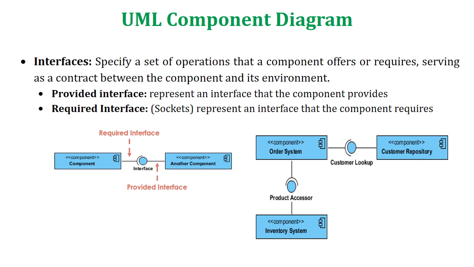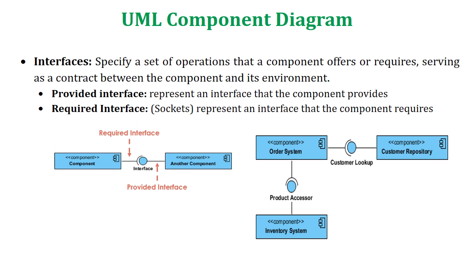Next, interface. It specifies a set of operations that the component offers or requires, serving as a contract between the component and its environment. There are two types of interface here: one is a provided interface and the next one is a required interface. A provided interface represents the interface that the component provides.